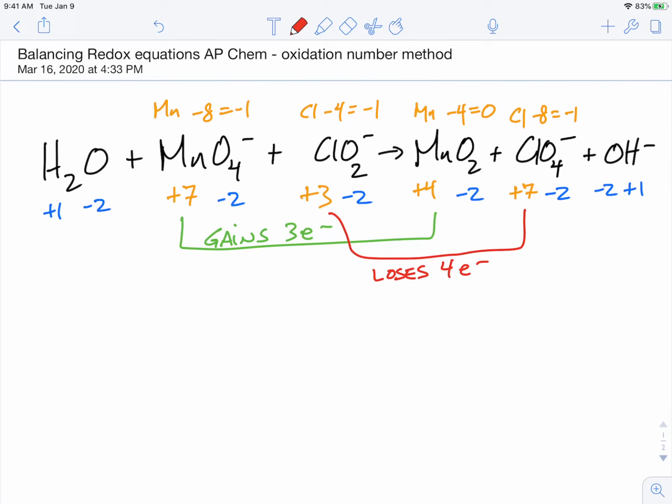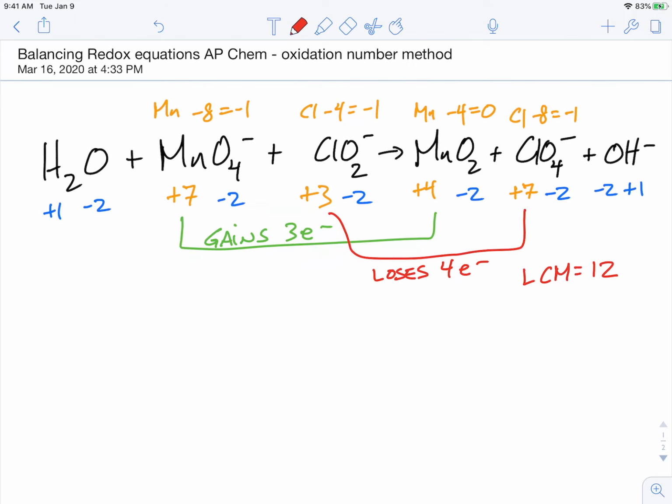So what you have is something that's gaining electrons and something that's losing electrons. Now, the electrons are not equal and they're not conserved according to how this equation is written because it's not balanced yet. So we want to think about the least common multiple between 3 and 4, and that's going to be 12. In our first example, with manganese gaining 3 electrons, 3 times what gives me 12?